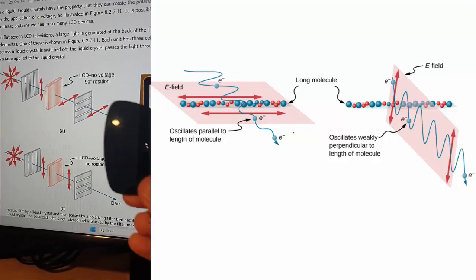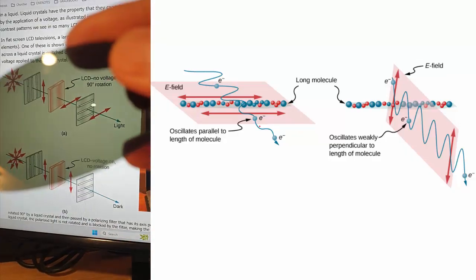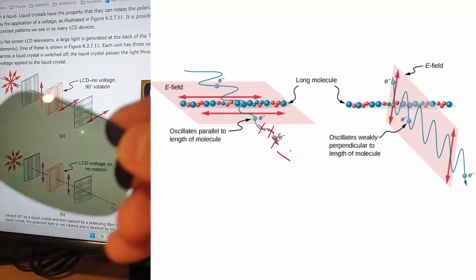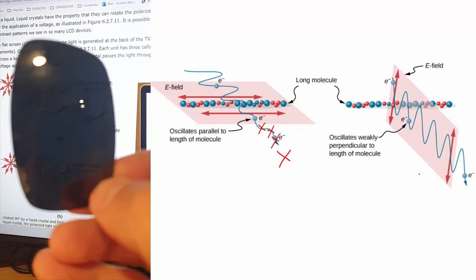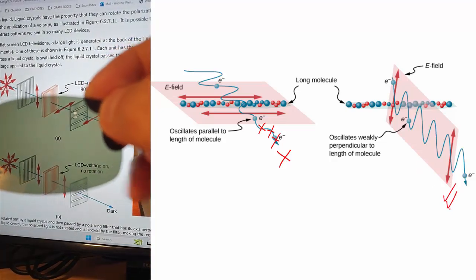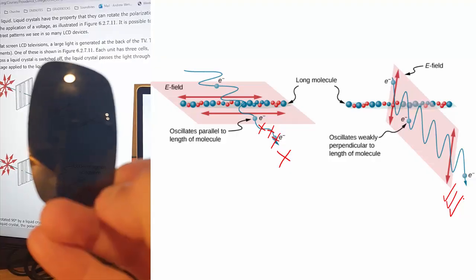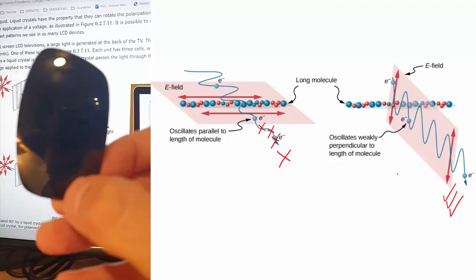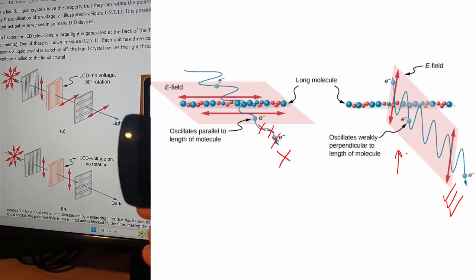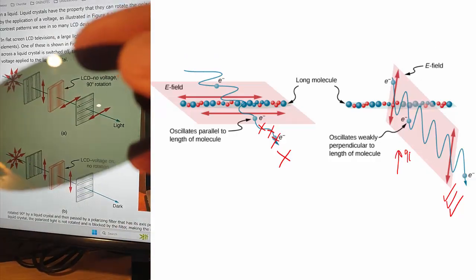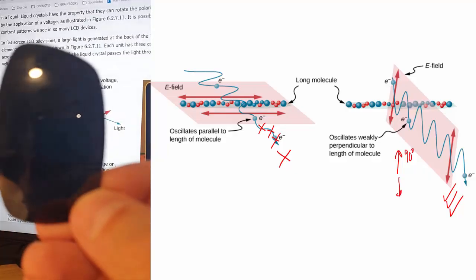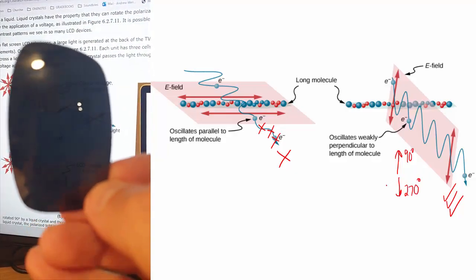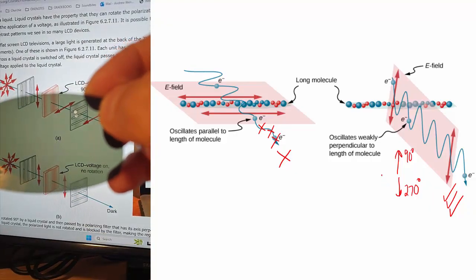This causes the light that's parallel to the molecule to interact highly with the material and be absorbed, and the light coming in at a 90-degree angle to it is not affected by the material and passes through. As a result, the light is mainly oscillating at one particular angle, which is 90 degrees, or if you add 180, 270, so down, up, or up, down. And this is evidence that it's just the electric field that interacts with the matter.